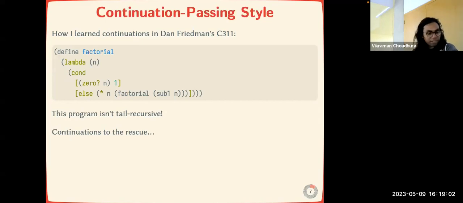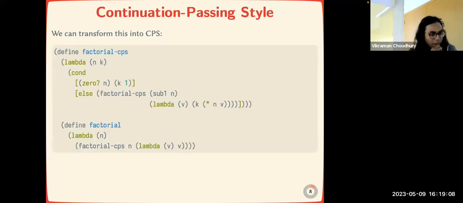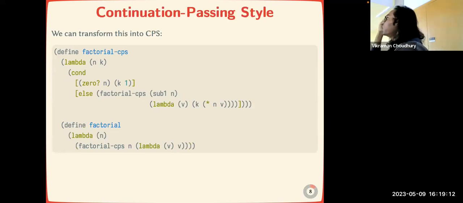There are many ways to fix it with accumulator passing style and so on, but continuations are a universal solution to this. Generally, you write a CPS transform: you transform factorial into this CPS style where it takes lambda n, but also a k, which is a continuation. You have to be careful about how you call the continuation and stick it in the right places.